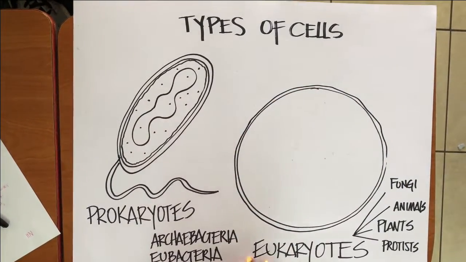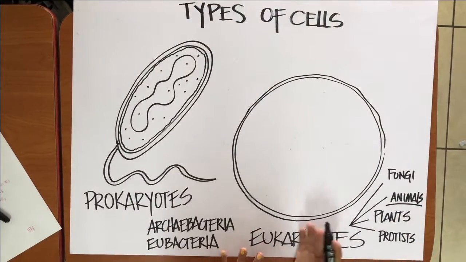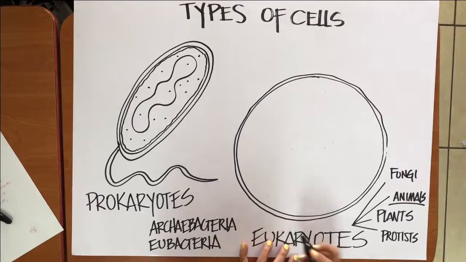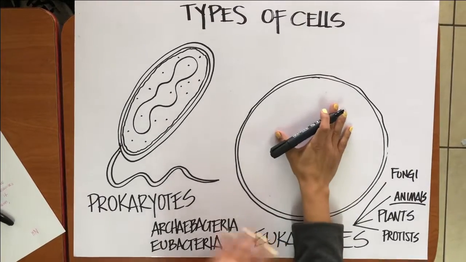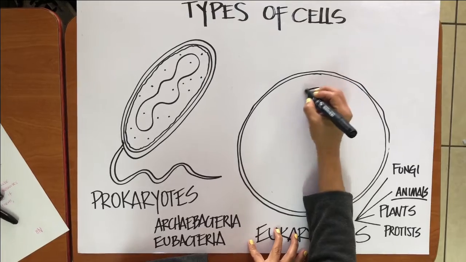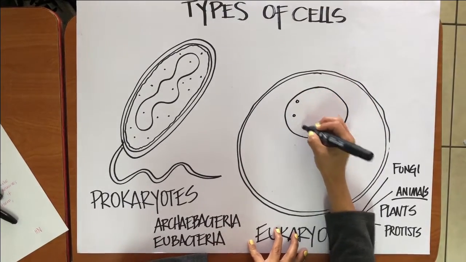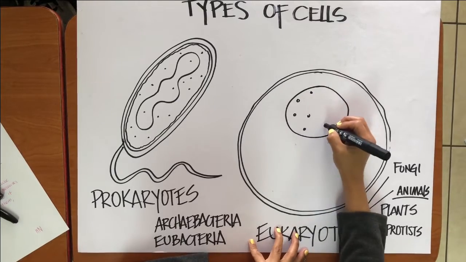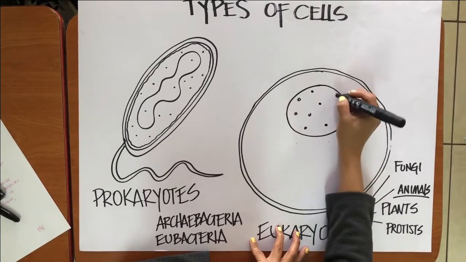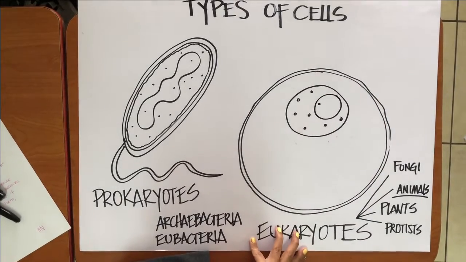So the one I'm going to illustrate over here is going to be the animal cell, just the basic features of it. One of the huge differences between this one and this one is the fact that this one has a nucleus. And the nucleus has pores in it that allow the genetic material to come out of it.